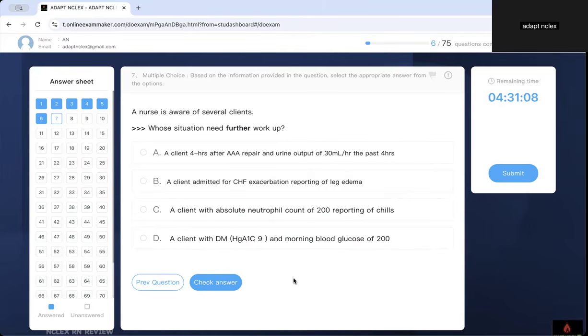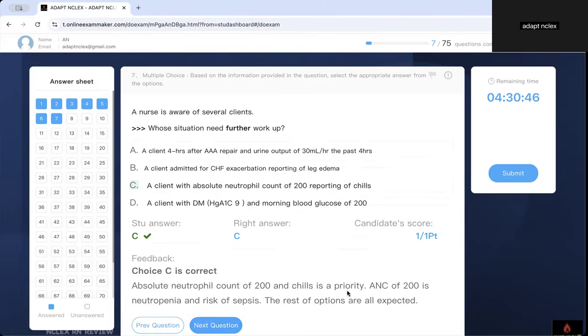And your glucose is 200 in the morning, should I worry about it? Your sugar is not under control. I don't expect your glucose to be normal. And therefore, I know this patient is in trouble. CHF patient, your leg is going to have edema. AAA patient, and you're making urine, you're good. We just have to move forward.